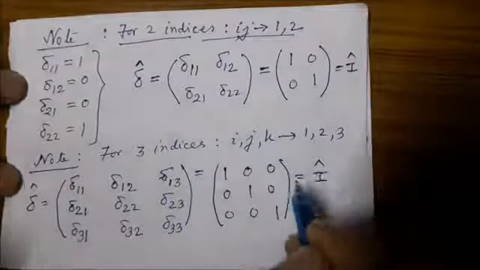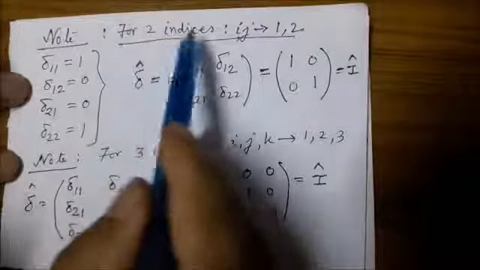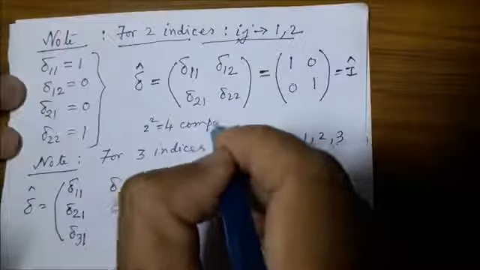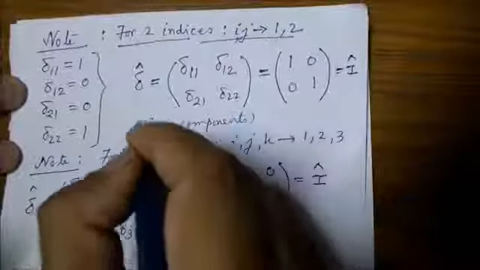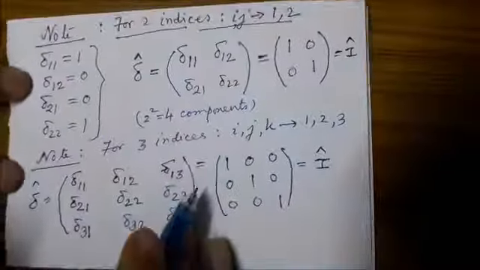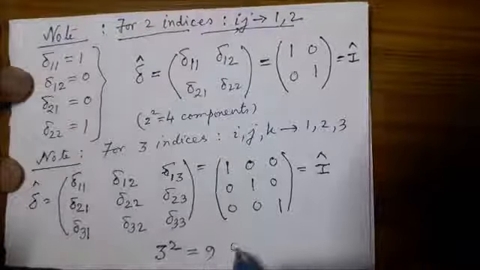Also note that for two indices, 2 square is 4 components, and they are 1 2 3 4 components, but here we have 3 square equal to 9 components.